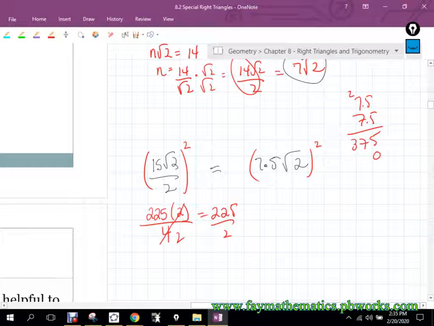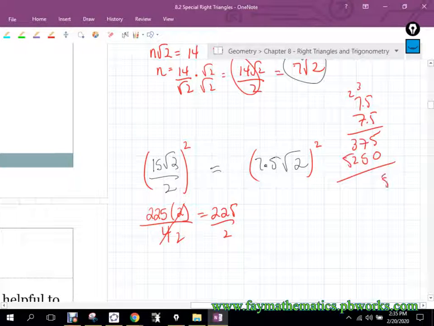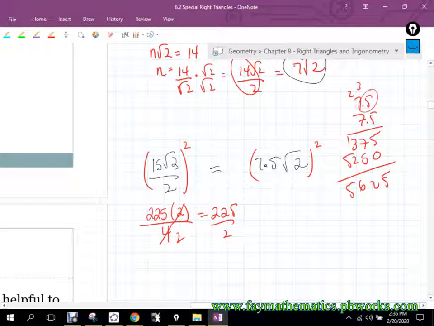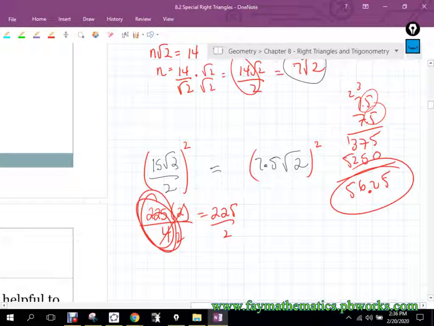Put my 0, 7 times 5, 35, carry my 3, 49, 52, add down, 5, 2, 1, 6, 5. I've got 2 decimal places, one coming from that, one coming from that, so I start over here, move to 56.25, right? Does that make sense? Okay. Which is what that number right there is, 225 divided by 4.